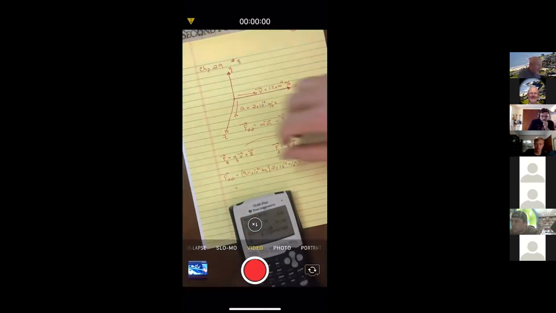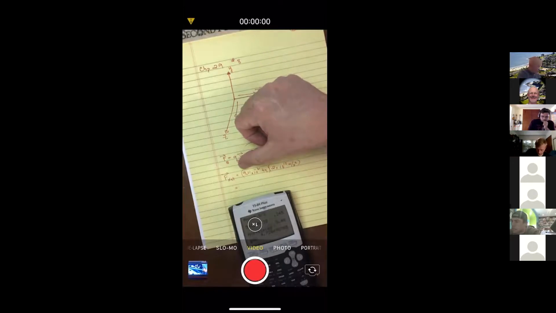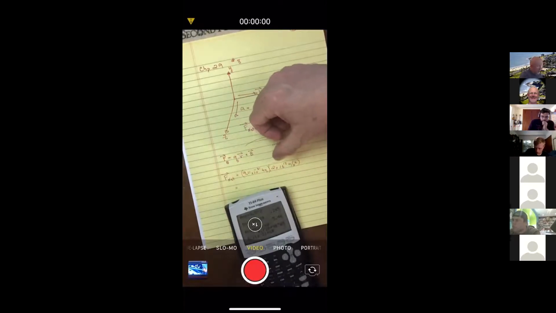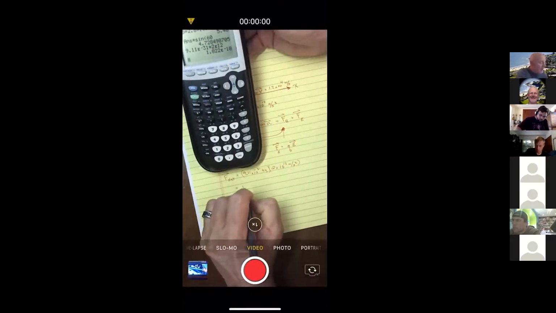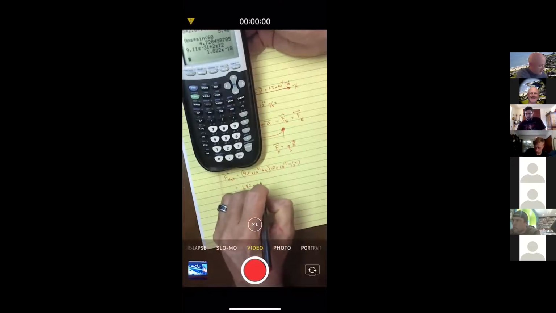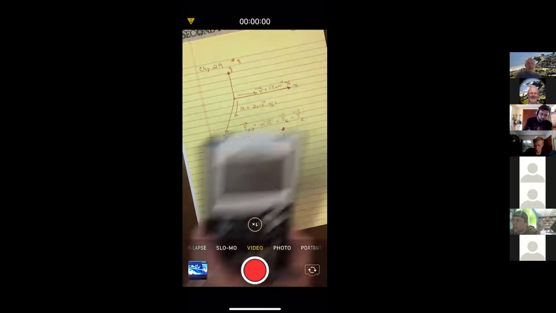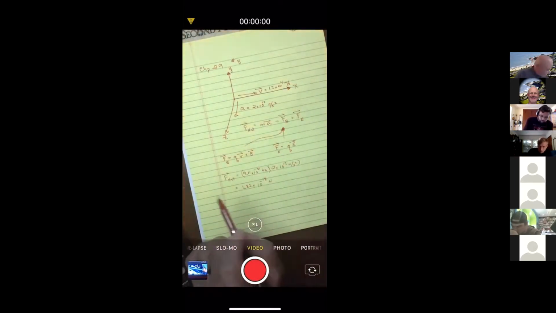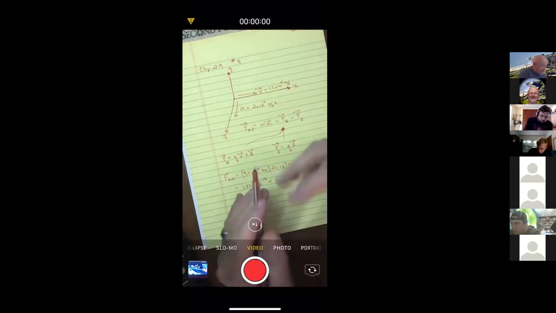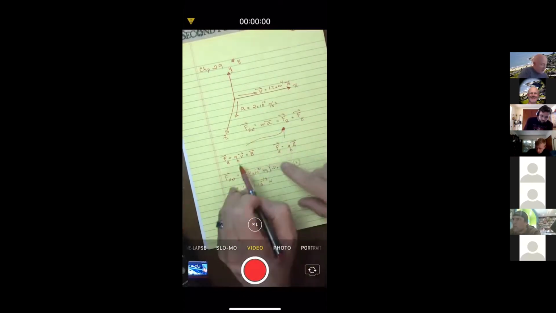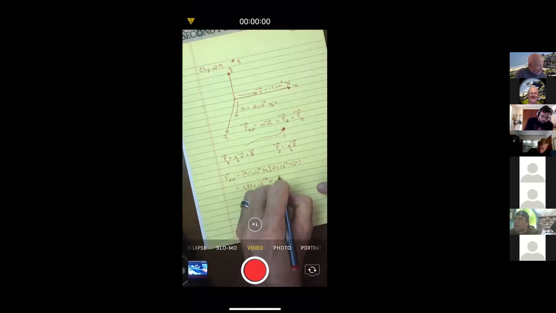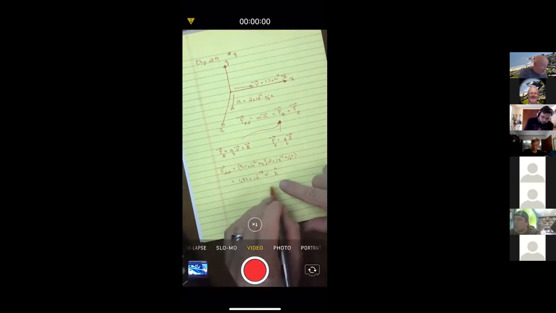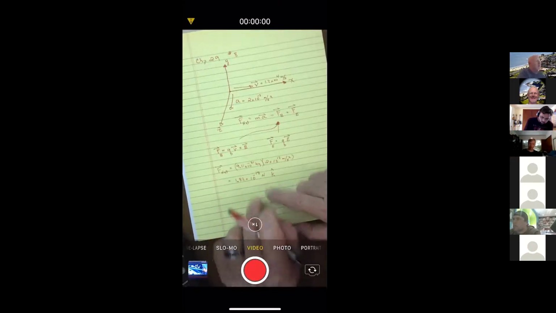So grabbing this calculator and taking 9.11 times 10 to the negative 31, multiplying it by 2 times 10 to the 12th, I get 1.82 times 10 to the negative 18 newtons. Okay. So again, what Physics 121 tells me is that these two forces, the magnetic and the electric, when they add up together, have to be in the z direction. So I'll put a little k hat there. And they have to add up to this amount.